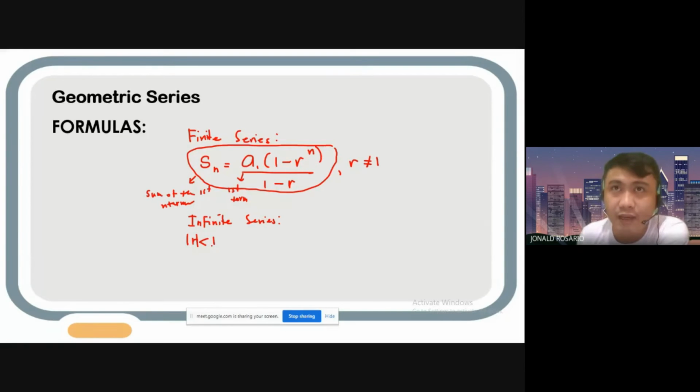Ibig sabihin, pag less than 1, ito yung mga 1/2, mga proper fractions, 1/2, 1/8, mga 3/4.